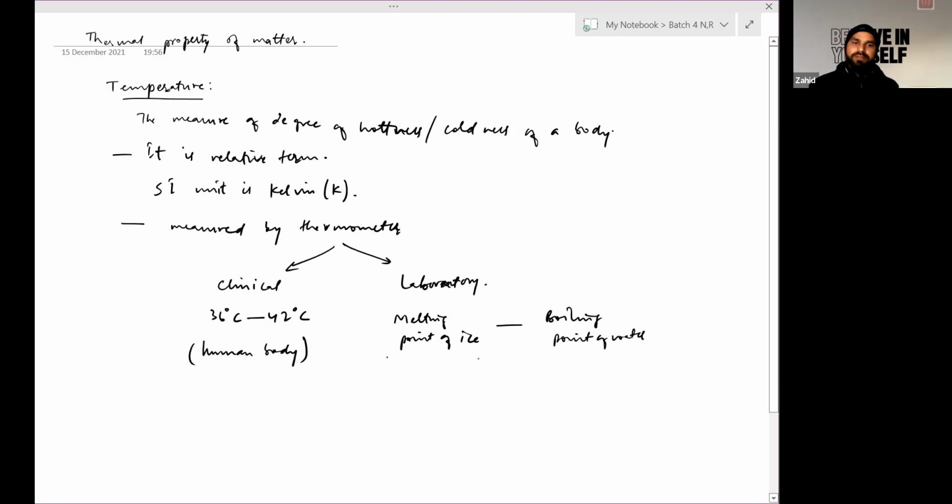The melting point of ice is also called the ice point, and the boiling point of water is also called the steam point.